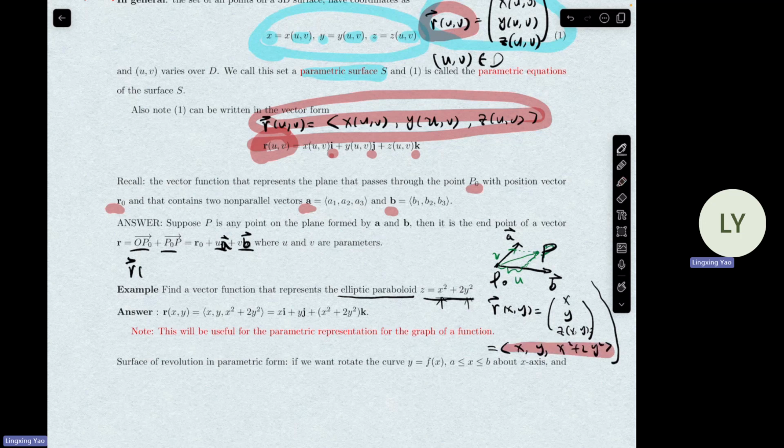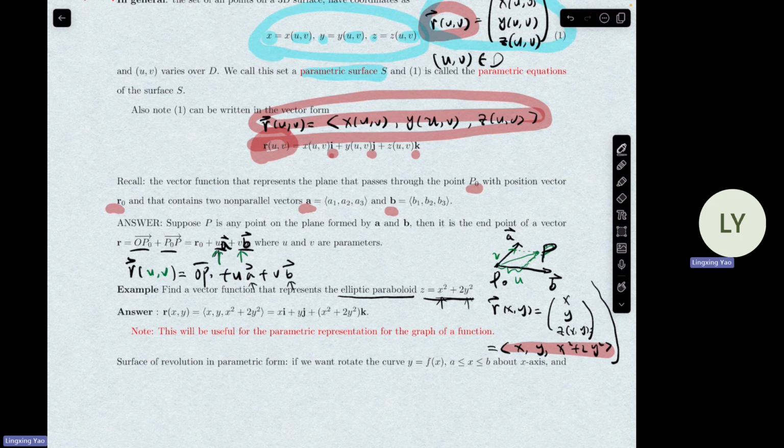Oh, by the way, the two parameters in the previous example we discussed are u and v here, right? Which is R naught plus u A plus v B, depending on these A and B vectors that are given.